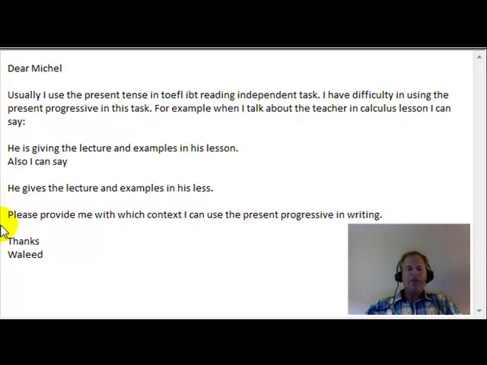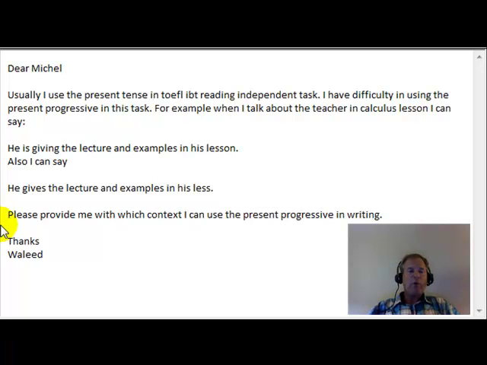So I think what my student is asking me, and this is probably a question you might be thinking yourself, is on the TOEFL you have the integrated speaking tasks, in which case sometimes you read, listen, and then speak.